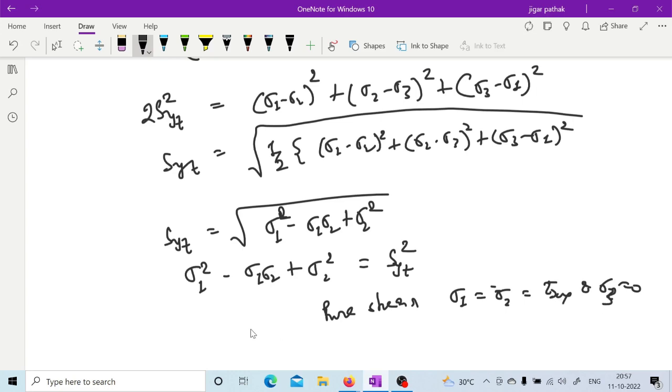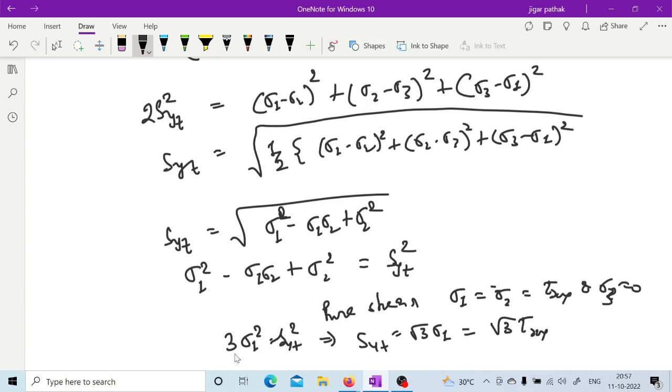If you put the values in the above equation, with sigma 1 equal to minus sigma 2, it means 3 sigma 1 square is equal to SYT square, which will give SYT equal to root 3 sigma 1, where sigma 1 is tau xy.